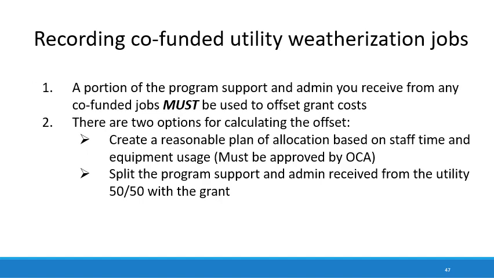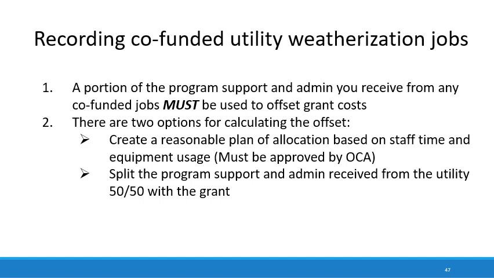The final area of fiscal monitoring is a review of co-funded weatherization jobs. And we just want to remind you that when you record the co-funded utility jobs, a portion of the program support and admin you receive from any co-funded job must be used to offset the grant cost. There are two options for calculating the offset that have been approved by OCA.